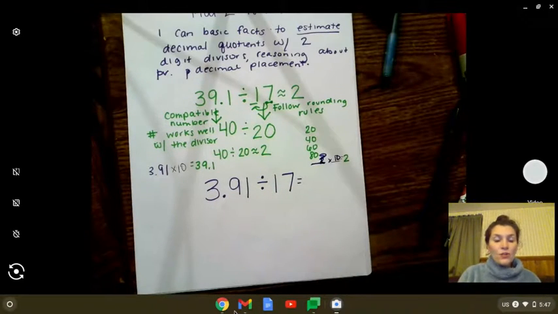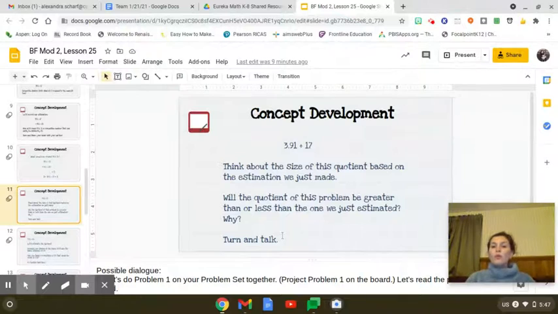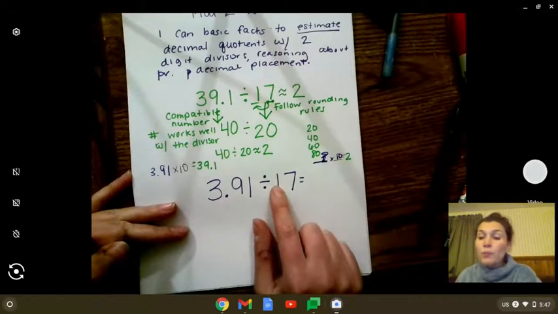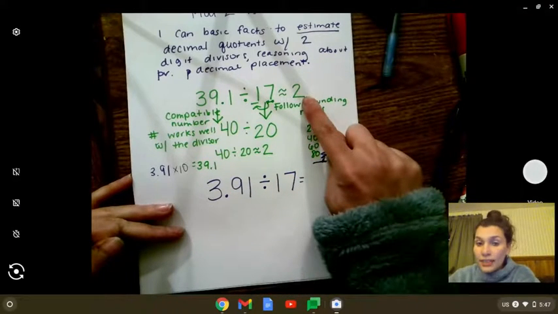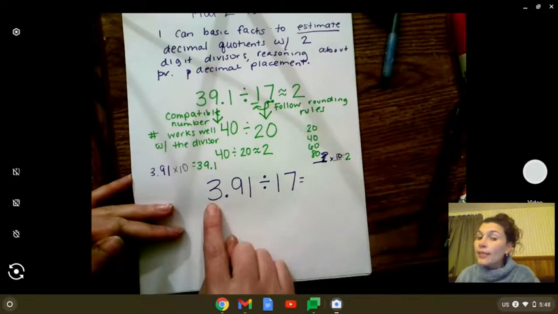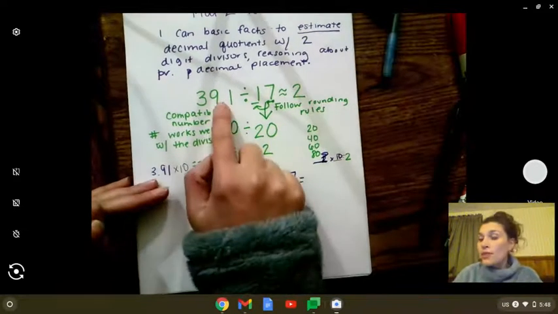Okay? So, will the quotient of this problem be greater than or less than the one we just estimated? Well, we know that this quotient is going to be less than this estimate. We know that because this number is 10 times smaller than this number.